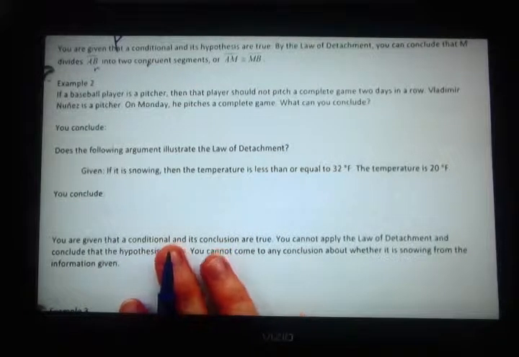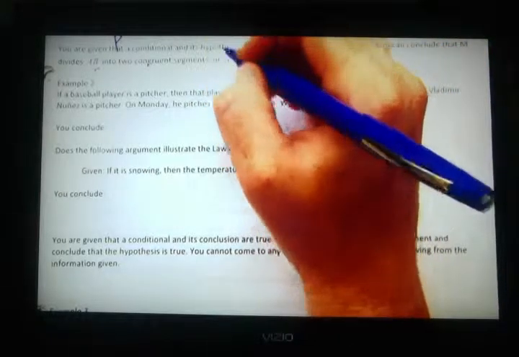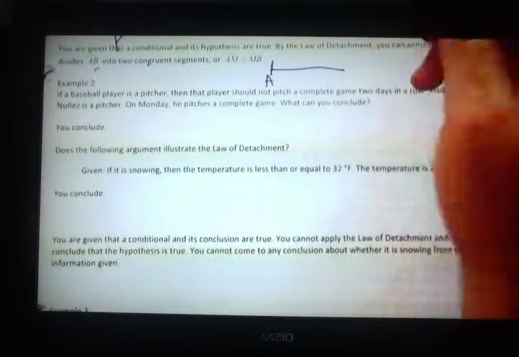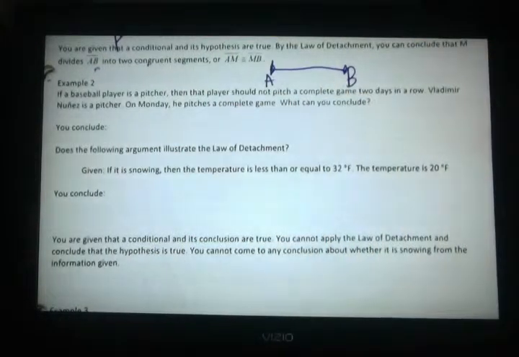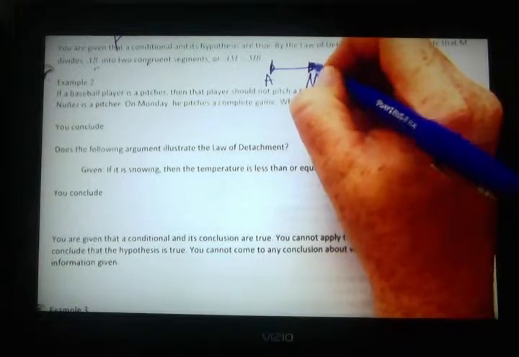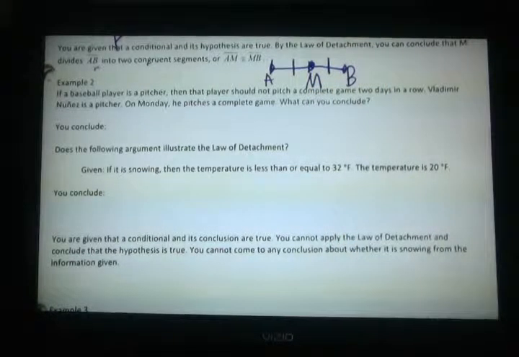Okay? So AM is congruent to MB. We have A, B for the segment that it was given to you, and M is the midpoint. There's M. So therefore, it's saying that AM is congruent to MB. Okay? And we know that's true if M is the midpoint.